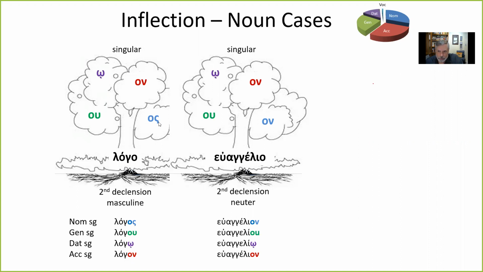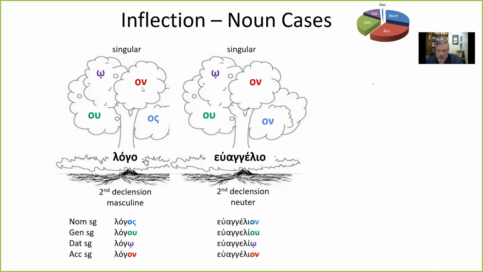We start with the root, which would be log, and then the stem, the omicron, so logo, however you want to pronounce that. At the end of the stem, we add the sigma to give us the nominative singular function. So it would be functioning typically or predominantly as a subject, although there are other nominative functions.